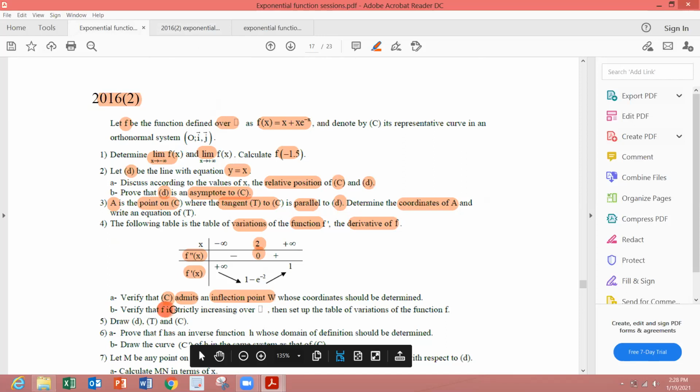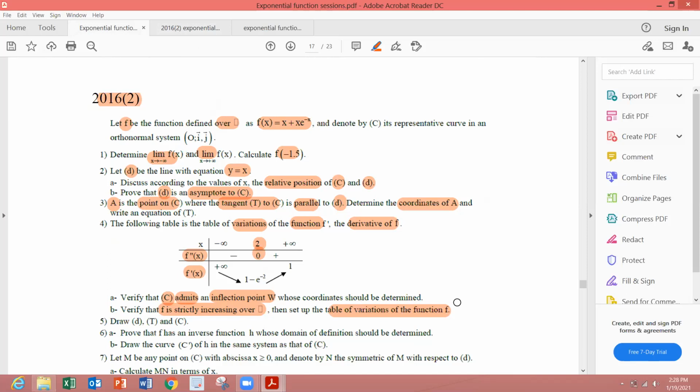Verify that f is strictly increasing over R and construct the table of variations of the function f. Why is f strictly increasing? How do we know f is strictly increasing? For the function to be increasing, what do you have to prove?